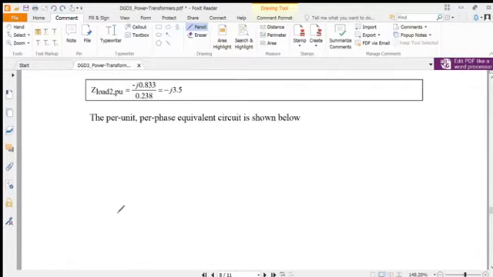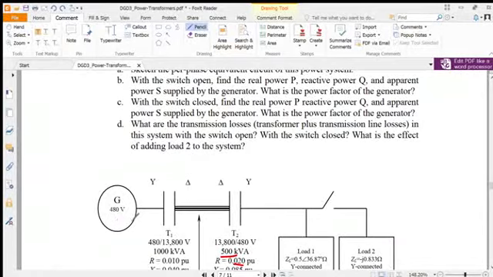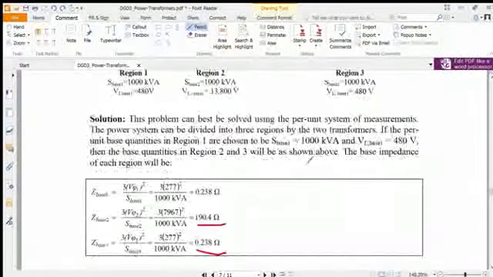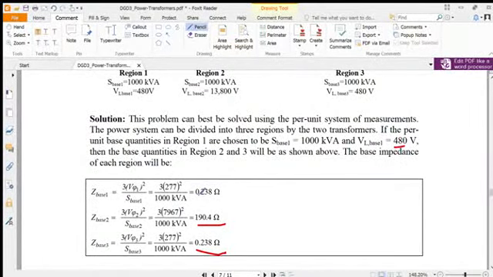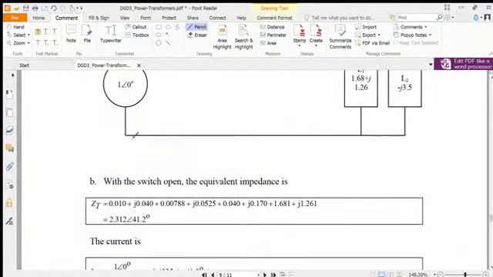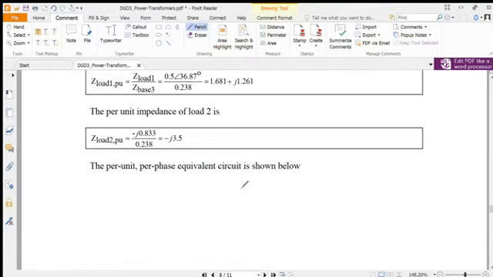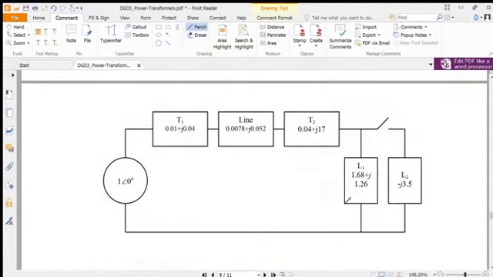This is 1 because the real value is 480 and the base value is 480, so 480 divided by 480 gives 1. Then transformer T1 per unit we just derived in the upper base. The transmission line, transformer 2, load 1 and load 2, all the values are derived here.